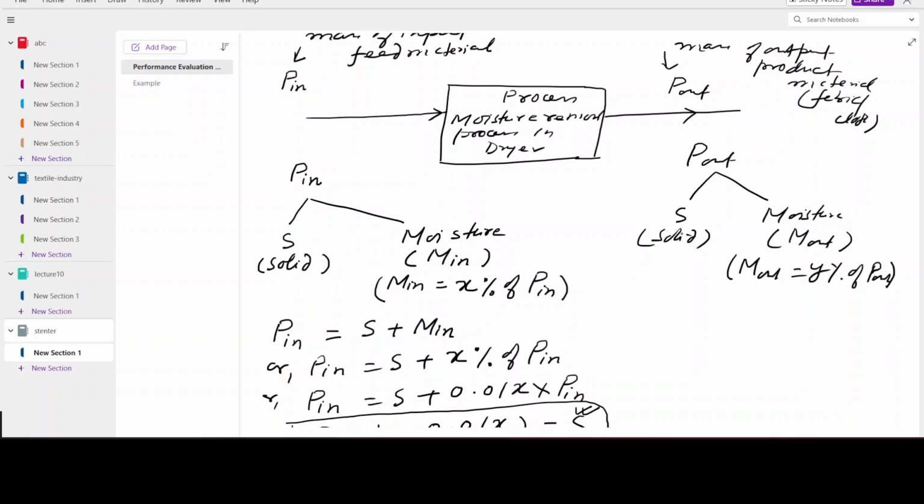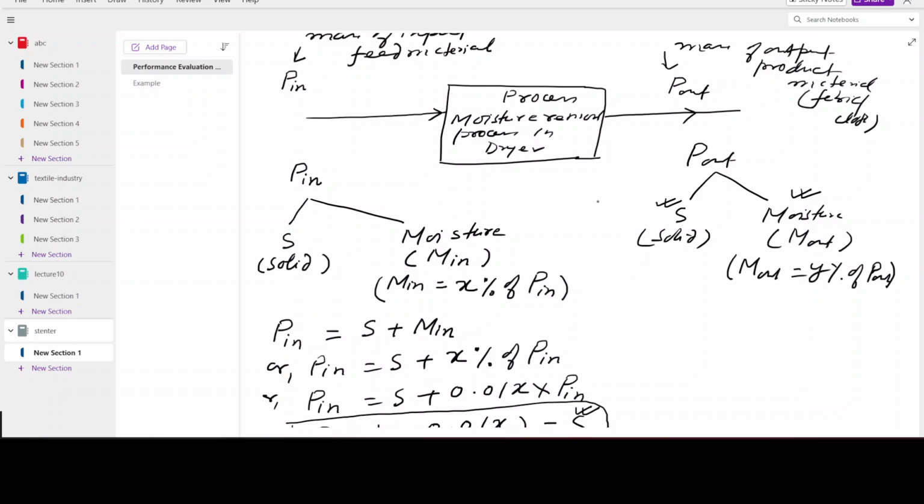What is important to see here is that the whole process is about the removal of moisture. So only the percentage of moisture will change and the solid will remain the same.